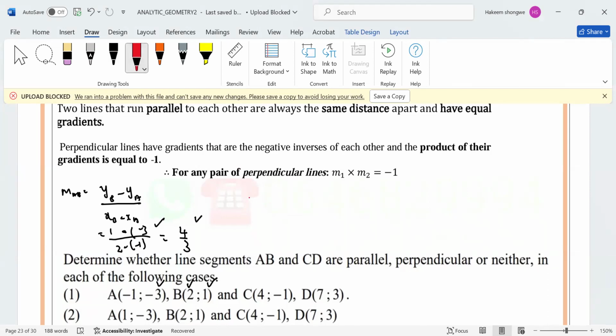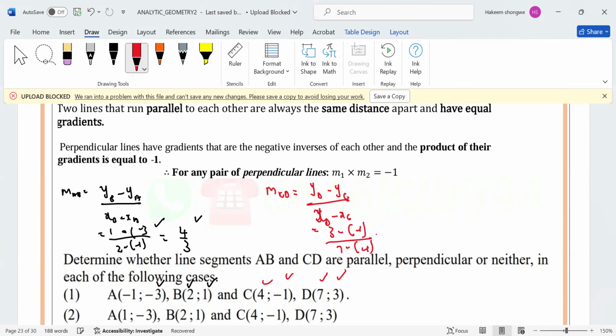Let's check the other one then. We have M of CD. What is going to be M of CD? It says you are going to have Y at D minus Y at C all over X at D minus X at C. What is Y at D? Minus 1 all over 7 minus open bracket.